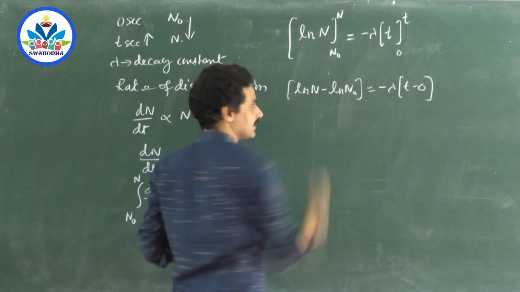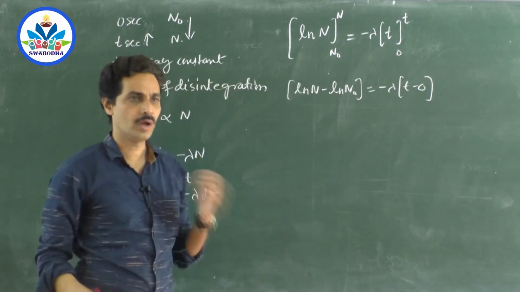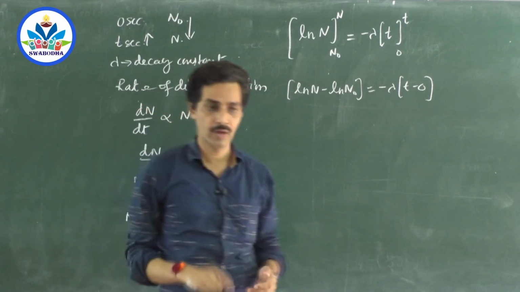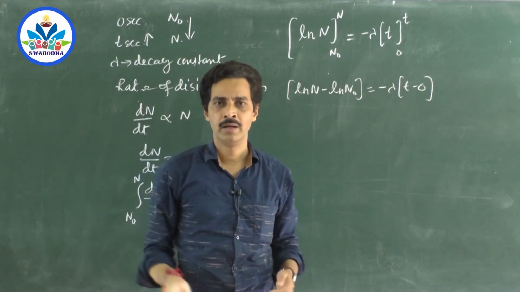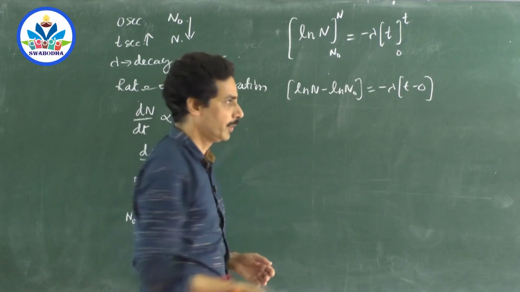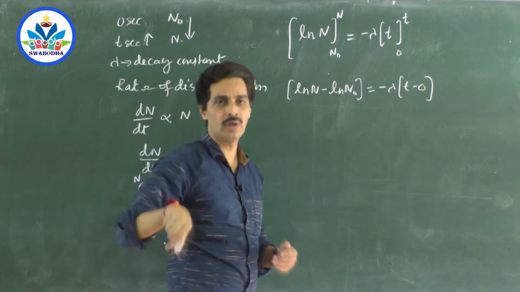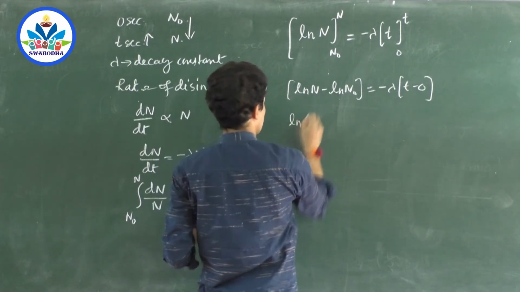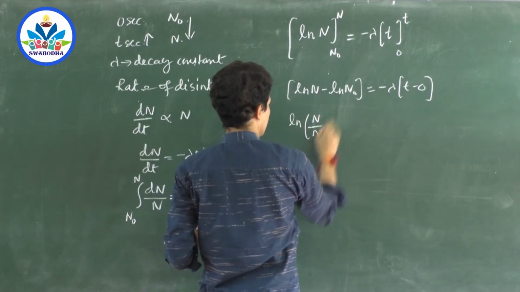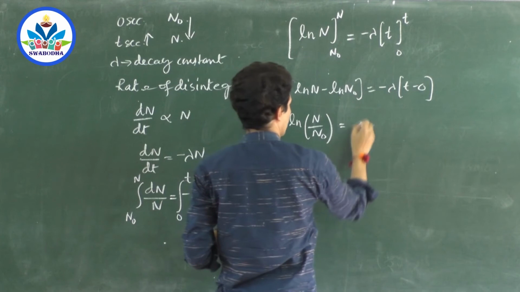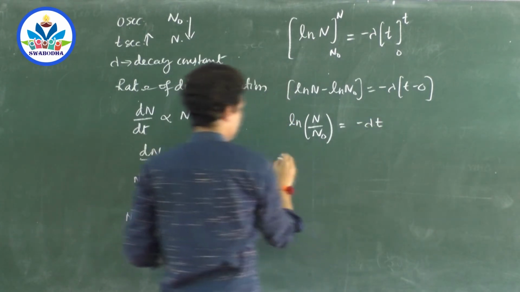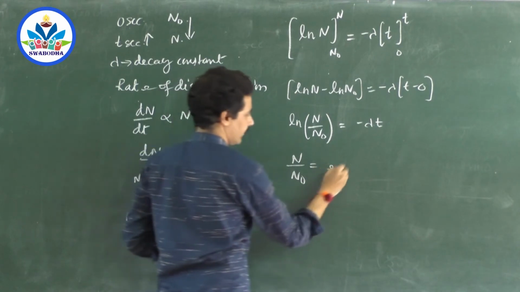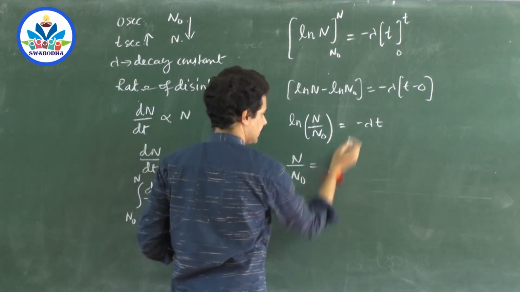So ln N minus ln N naught. Log a minus log b is log a by b, and log is usually to the base 10. Log to the base e is called ln. 2.303 into log to the base 10 is ln. Okay, ln N by N naught is equal to minus lambda t, and N by N naught is equal to e to the power minus lambda t.